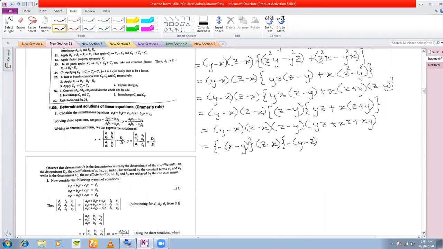Sir, we have got yz plus xz and plus xy, no? Yes, xy plus yz plus zx, we have already got xz. So now we have got x minus y into y minus z into z minus x into xy plus yz plus zx, which is the required proof.